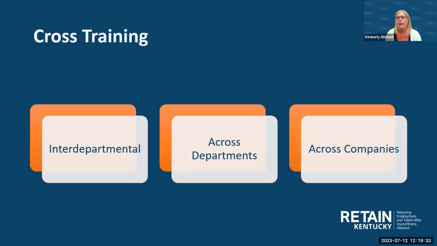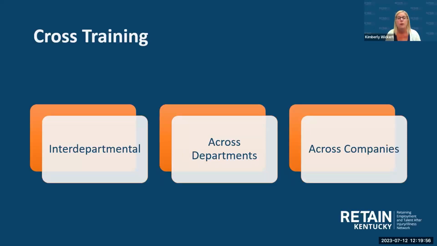So cross-training is an excellent way to develop bench strength in your workers within a department, across departments, as well as across companies if more than one company exists under a larger umbrella. I know in my former work environment, we had several companies under one umbrella.